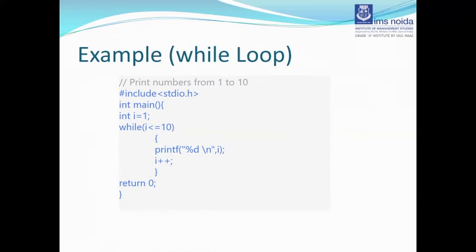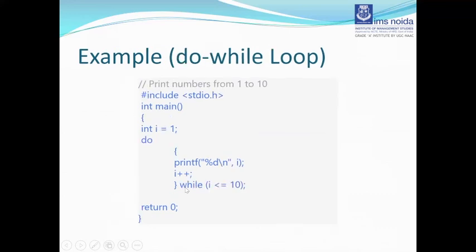It will be executed till the value 10, and the I value will be printed, and it will be incremented after printing, and till the condition is true, it will print the values of I. So 1, 2, 3, 4, 5 till 10 will be printed with this code.